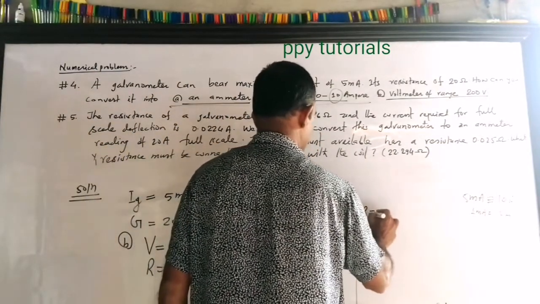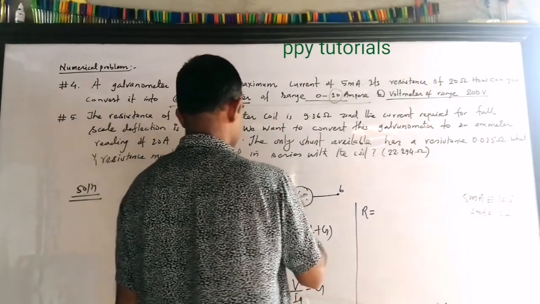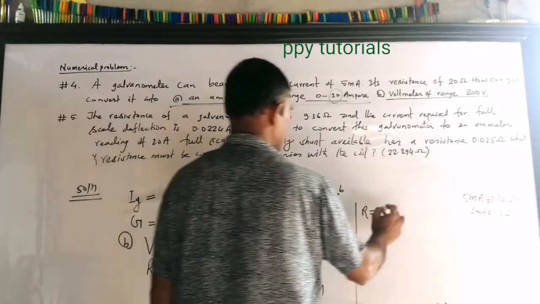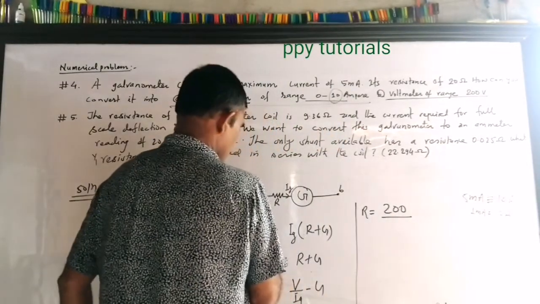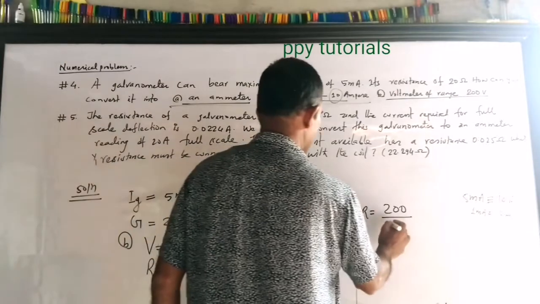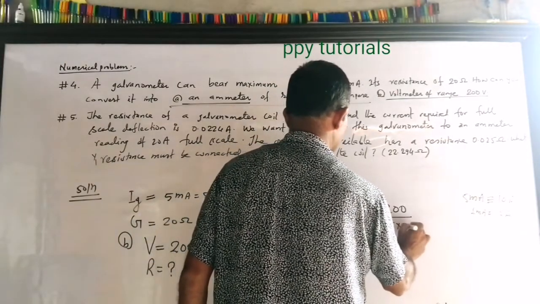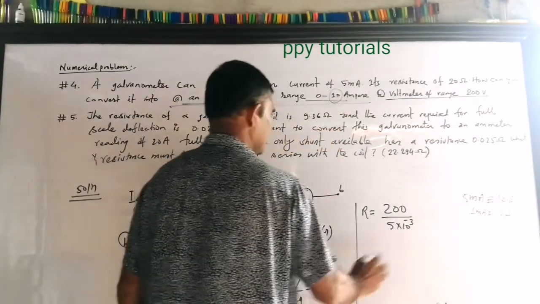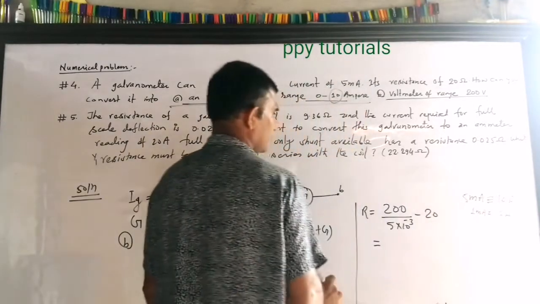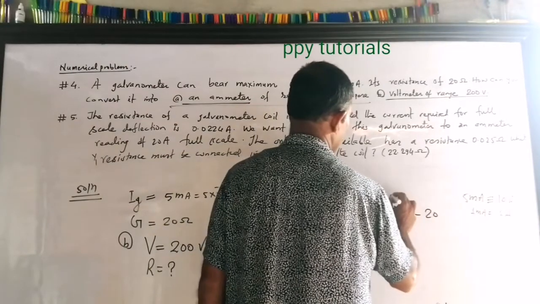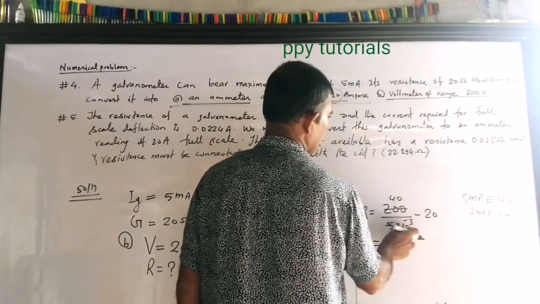So R will be equal to V, which is 200, divided by Ig, which you told me is 5 milliampere, 5 into 10 to the power minus 3, minus G, which is your 20 ohm. So let's do this calculation. You know 5 fours are 20, so this becomes 40, and this 1000 goes up.